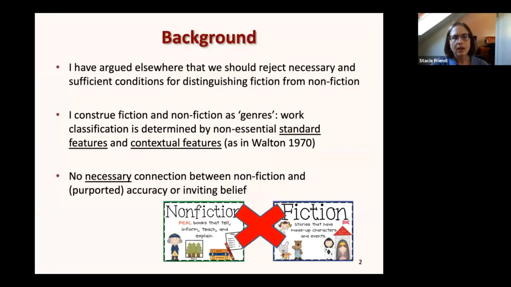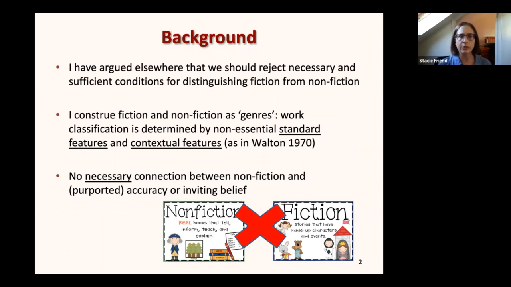Okay, so the background to this very brief talk is a theory of fiction that I've presented elsewhere, where I've argued that we should reject necessary and sufficient conditions for distinguishing fiction from nonfiction. On the view that I propose, we should construe fiction and nonfiction as what I call genres. You can call them categories, doesn't matter, where the classification of works is determined by non-essential standard features and contextual features.